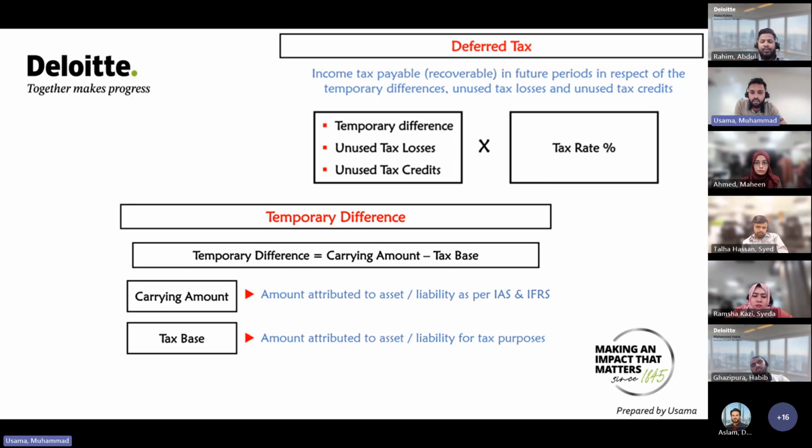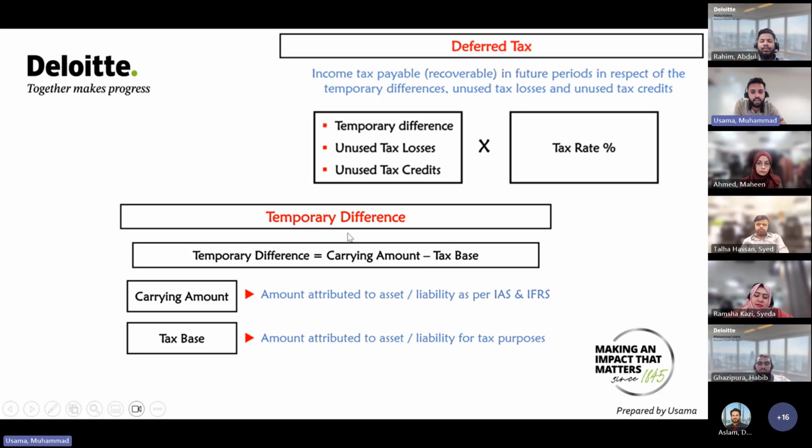One more thing I would like to add here is I have computed deferred tax in my previous example, and this approach is called a P&L approach. There are two types of approaches in deferred tax. One is the P&L approach, profit and loss approach, and another one is balance sheet approach. So here you can see that I have computed temporary difference by taking the carrying value.